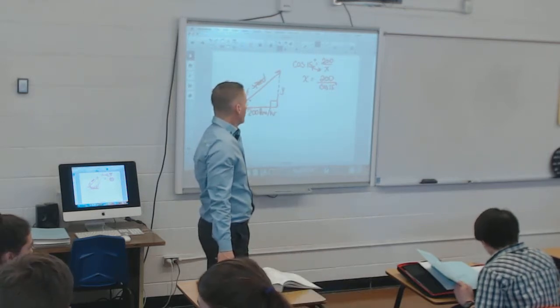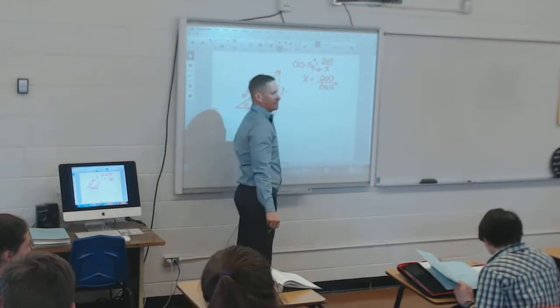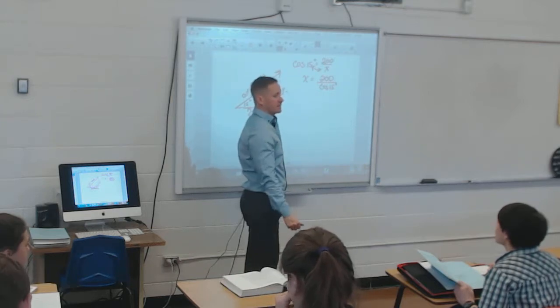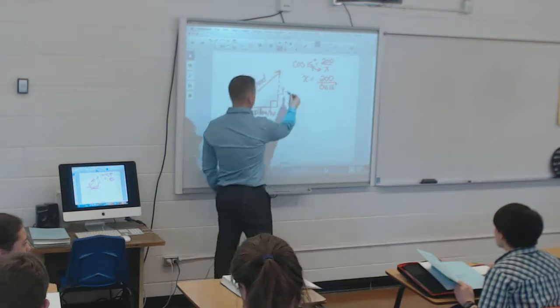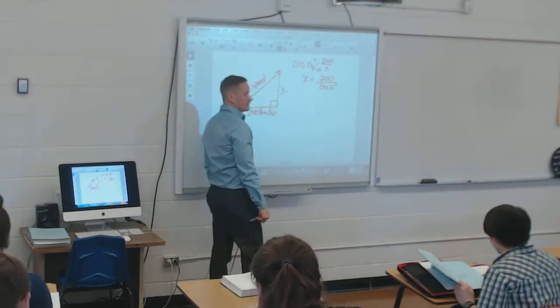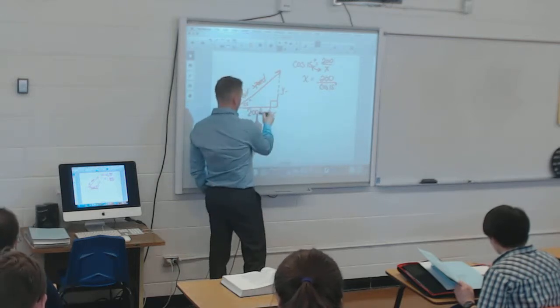Okay. So now, the second part of that question wants you to find y, because then it gives you the constant speed, and you divide it into 1,000 to get your time. So where is this in relation to that? Opposite. This?